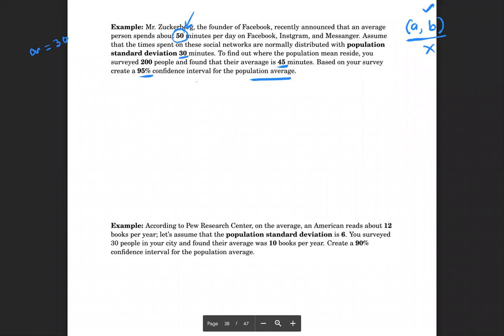So let's go ahead and do the problem. Sigma is equal to 30, and your survey gave you an average of 45. And Mr. Zuckerberg's survey gave him 50. Now, I'm going to ask you to tell me something here, which I have said many times throughout the semester.